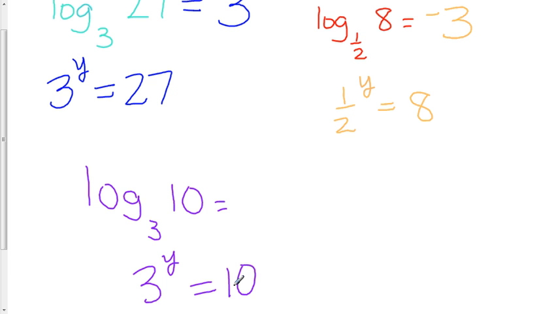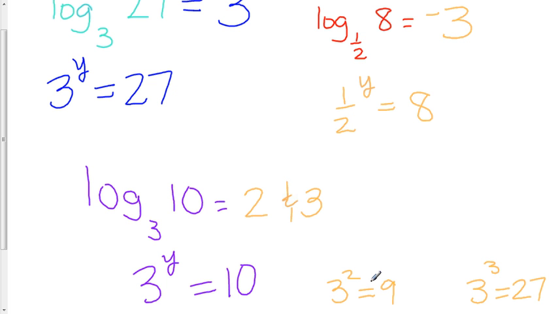But before you even have to do that, you should understand this and get a range of numbers. Because 3 to the second is 9, and 3 to the third is 27. Just by looking at this and taking a guess, we know that this is going to be between the values of 2 and 3.